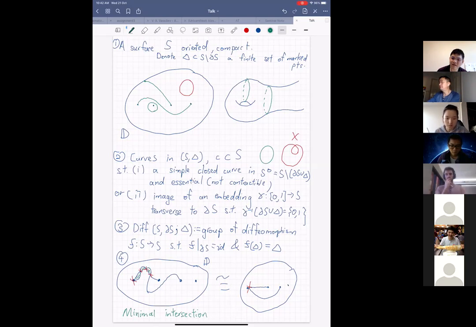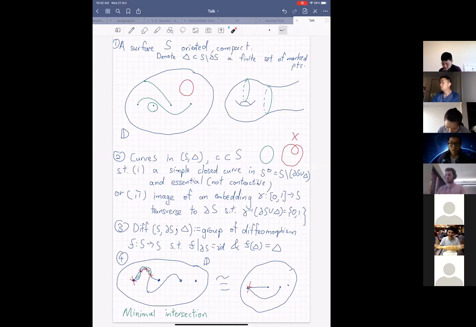So there is only transverse or non-transverse. Yes, correct. So for this case, it's just 2D. So minimal intersection is dealing with this kind of bigon. I don't want to go into the definition unless we will use it again.